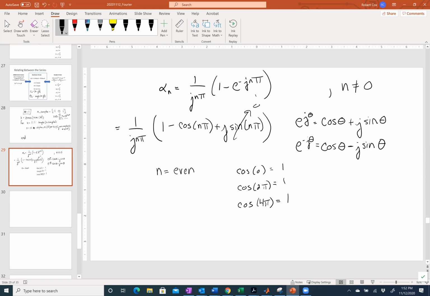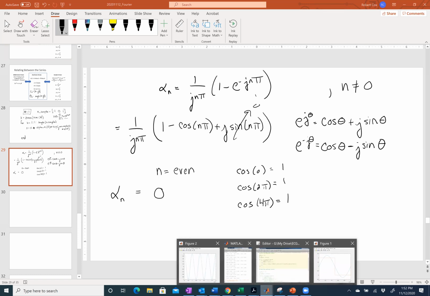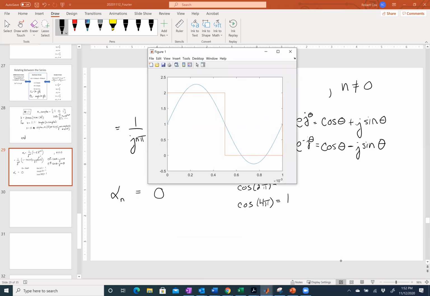So what's alpha n equal to if n is even? It's equal to 0. So when I said n equals 2, the second harmonic didn't appear because it doesn't exist. There are no even harmonics that appear in here.